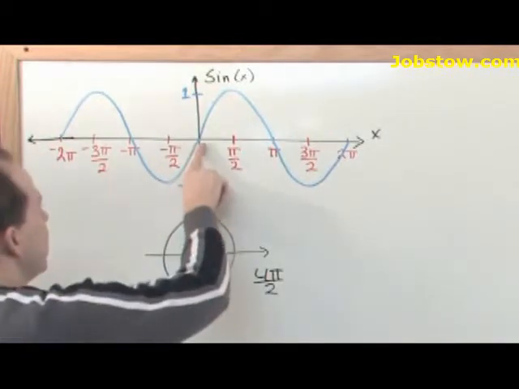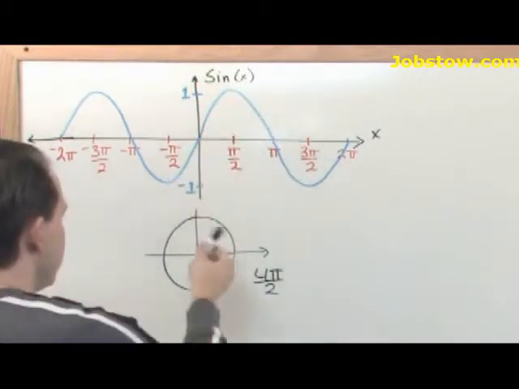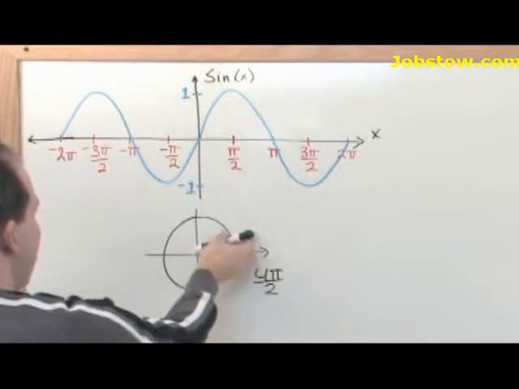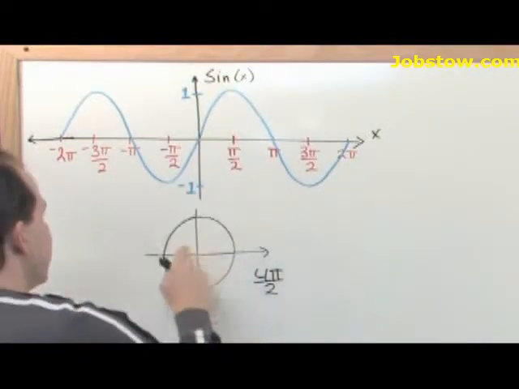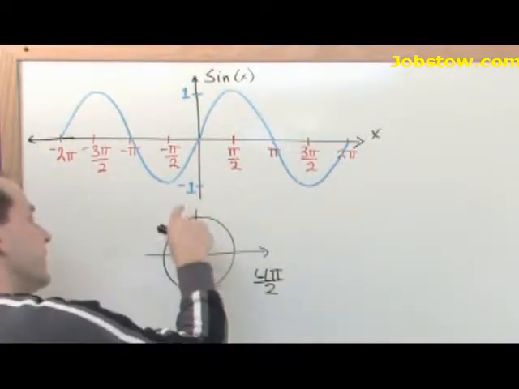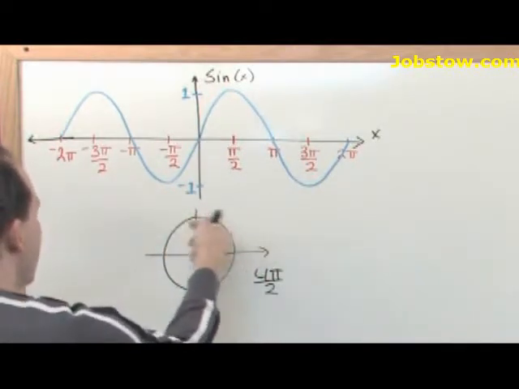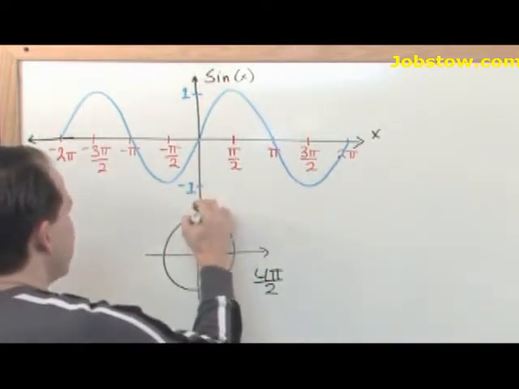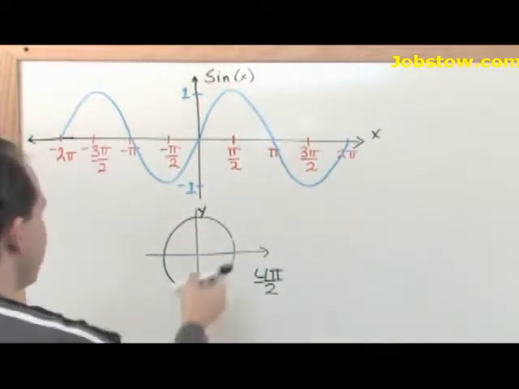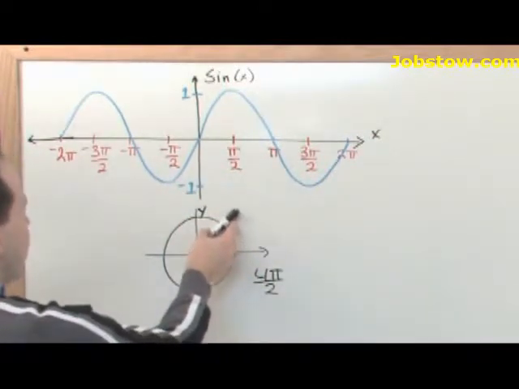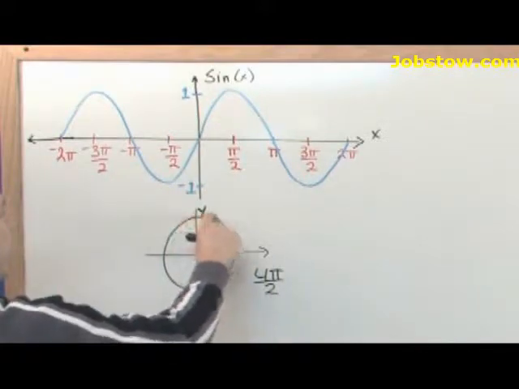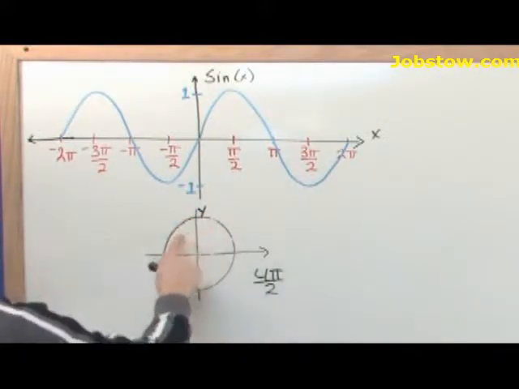You start out at 0, you reach a peak at pi over 2, because as you increase the angle up to pi over 2, the sine, don't forget, is the projection of this circle onto the y-axis, which I haven't labeled here. So as you go up the circle, the sine function is just the projection on the y-axis.